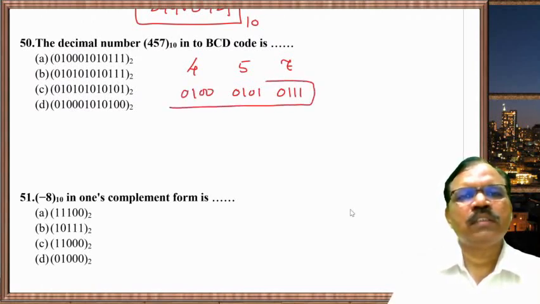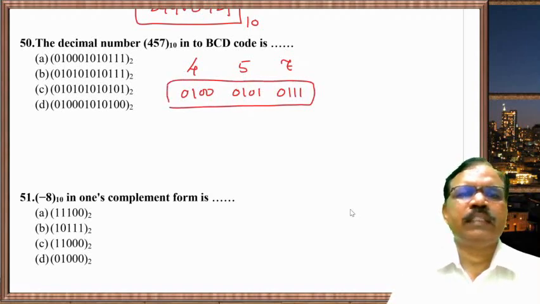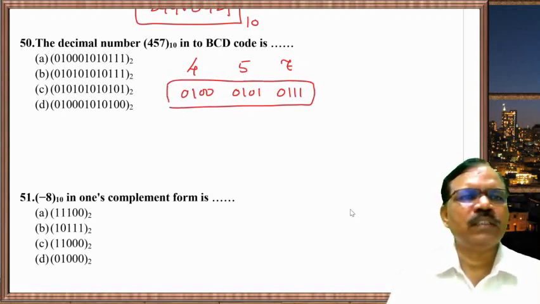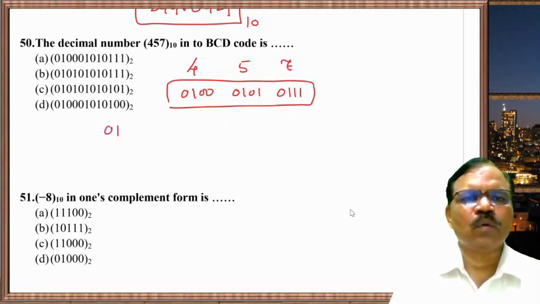So this is the BCD. So 0 1 0 0, 0 1 0 1, 0 1 1 1.